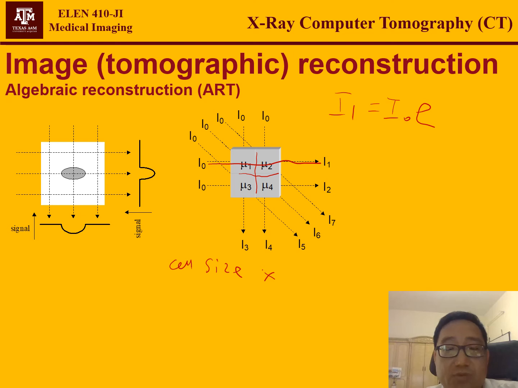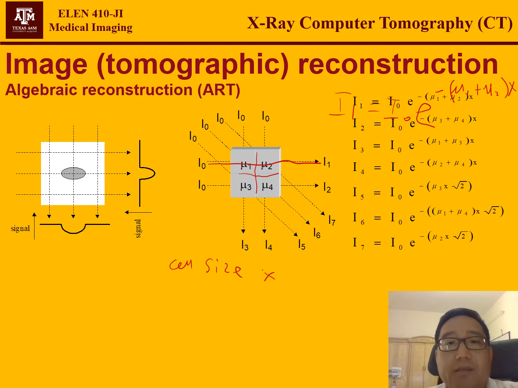Since in this case we have simplified the model, that integration just becomes minus mu1 times x and mu2 times x. So I'm just going to add these 2 together and say minus (mu1 plus mu2) times x. You can write another equation relating I naught with I2, and so on and so forth.